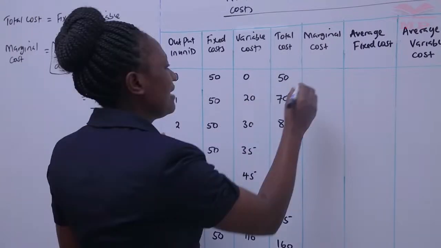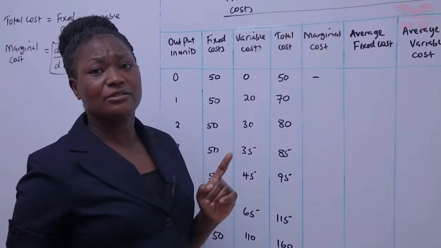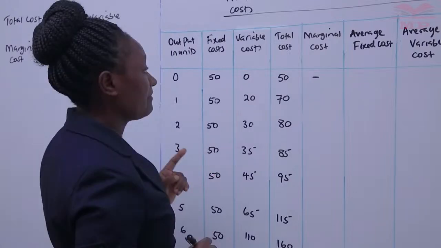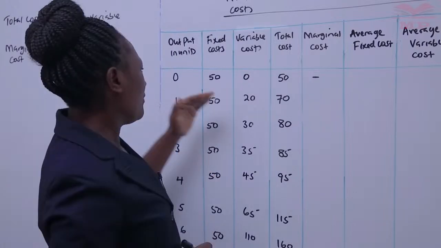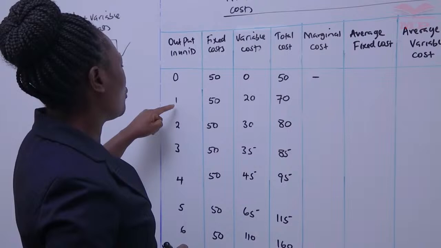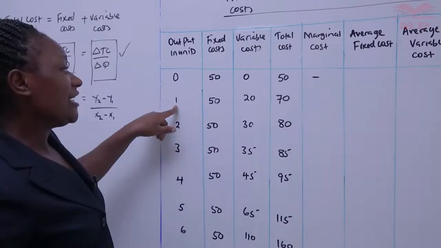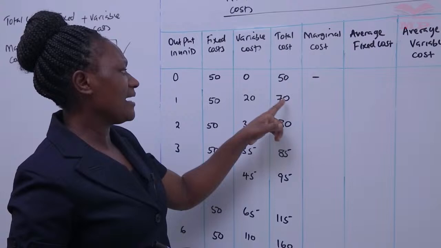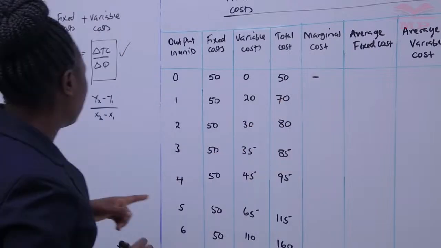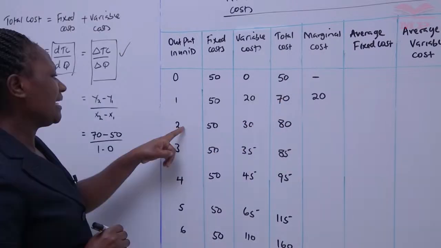So at our 0 level, there is no marginal cost that is incurred. But when we are beginning to produce 1 unit, that is bringing a change because of a change in the variable cost, then the total cost is increased to 70. So to calculate the marginal cost, we divide by the change in output.